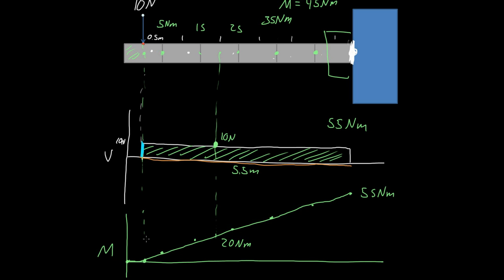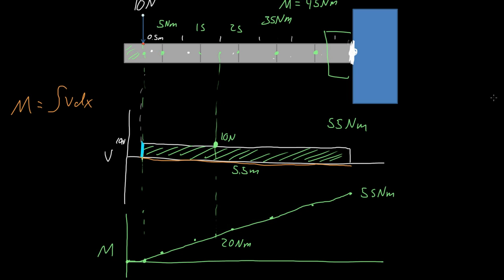So the moment is actually equal to the integral of the shear force over the length. The area under this line represents the moment.